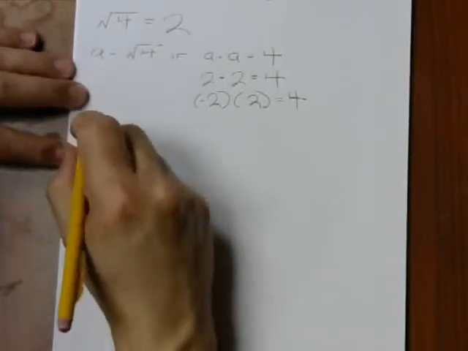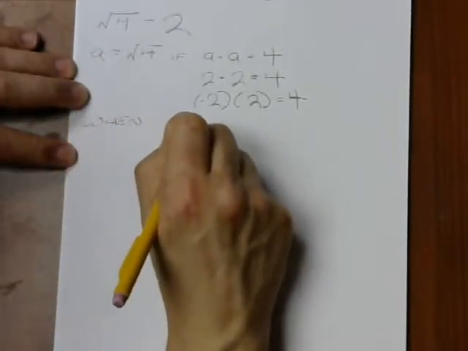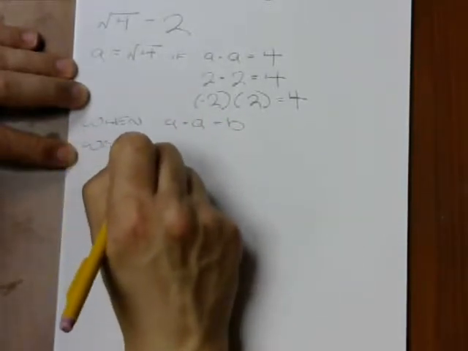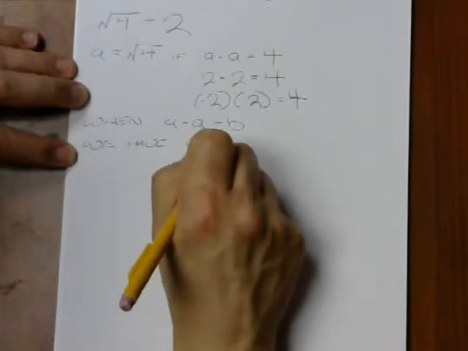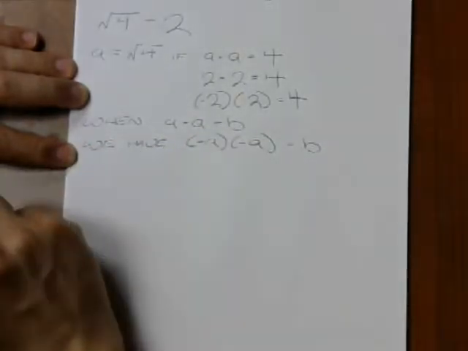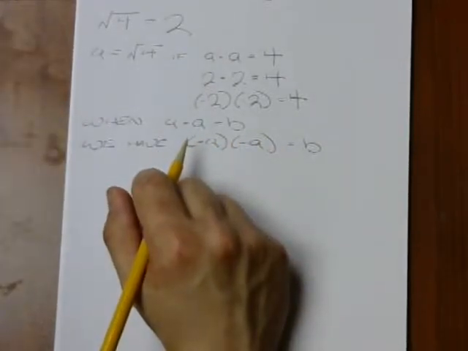As a matter of fact, whenever a times a is equal to b, we will have negative a times negative a equals b, because these two negatives will cancel each other out. So we want to deal with that.